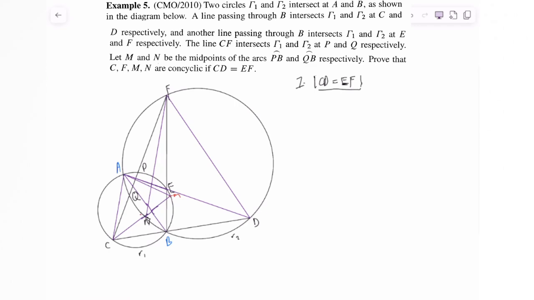So first of all, we know that angle ADB equals angle AFB, right? So this is equal to this because of, wait, I missed a line.